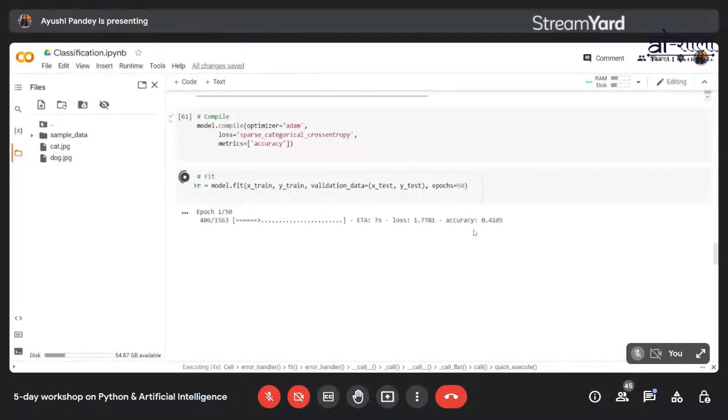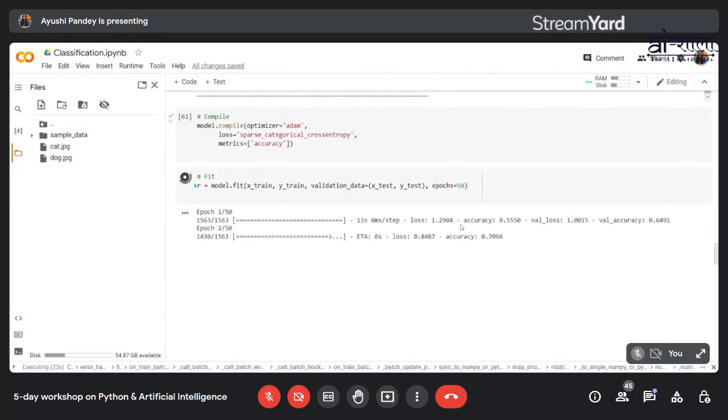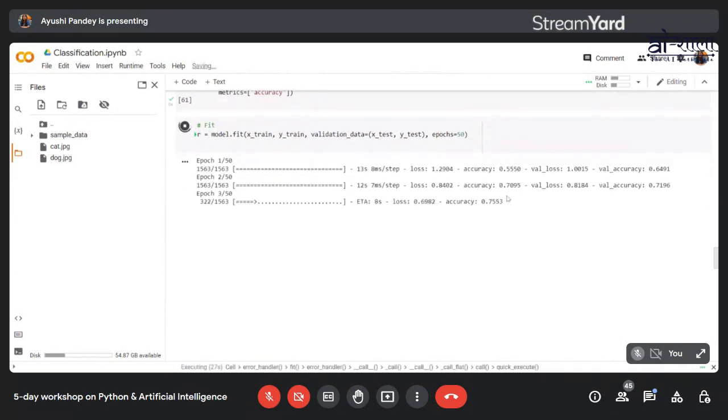So you can see it's running. It takes time. You can increase or decrease the number of epochs if you think that by increasing them your accuracy will increase. As you can see, in the first run the accuracy was 55 and it's increasing.